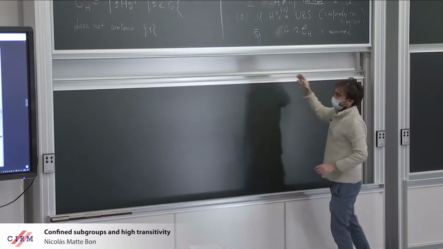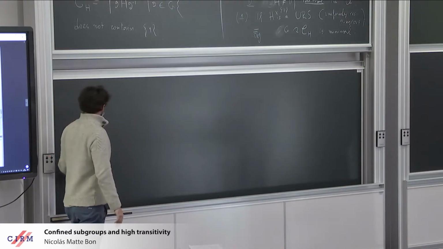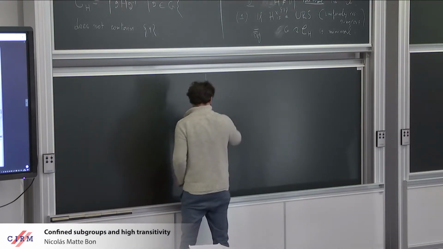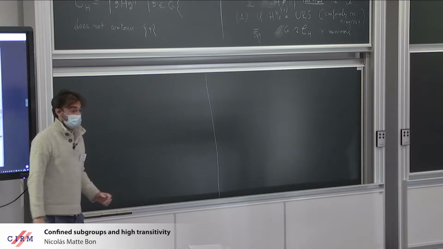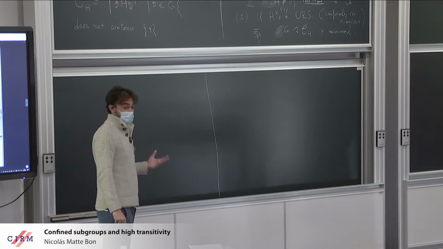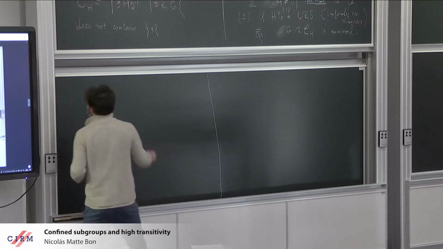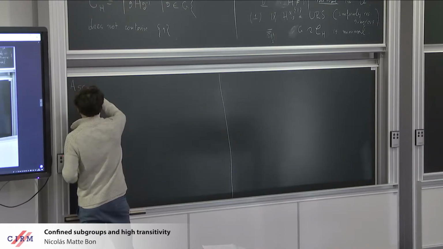This notion is a bit more general. Confined subgroups and URS arise naturally when you look at actions on compact spaces as stabilizers. So let me also give another example.